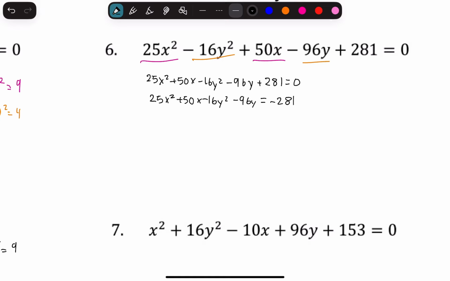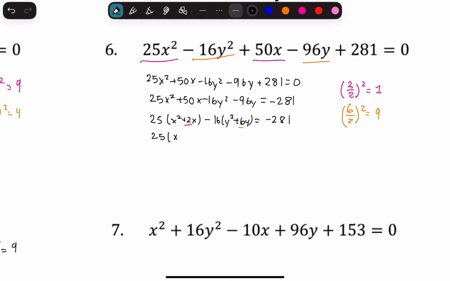So now you can complete the square. Now you can add to both sides.